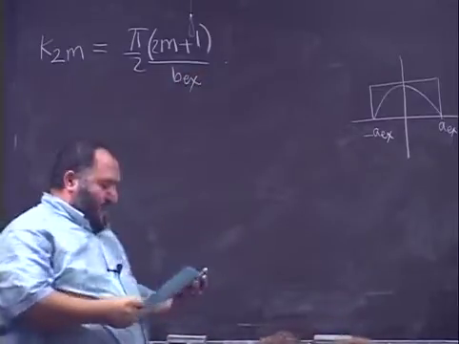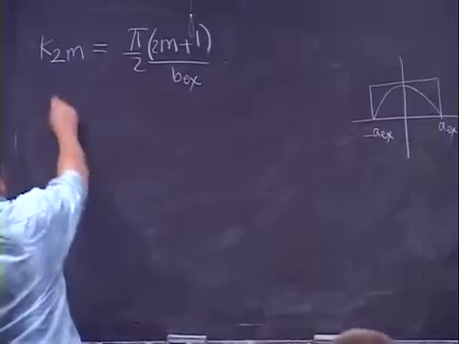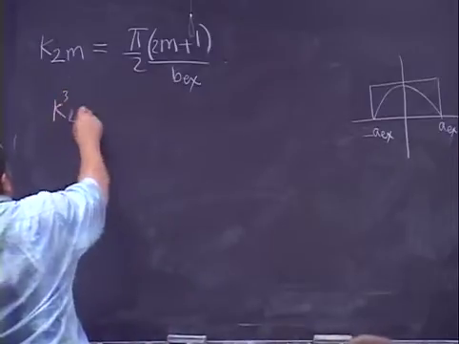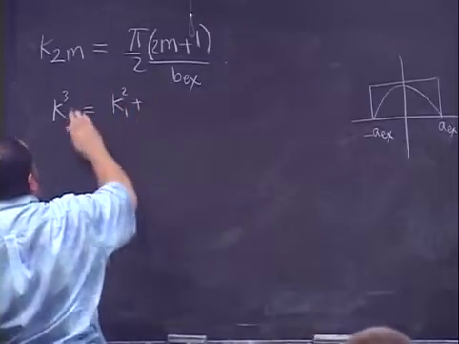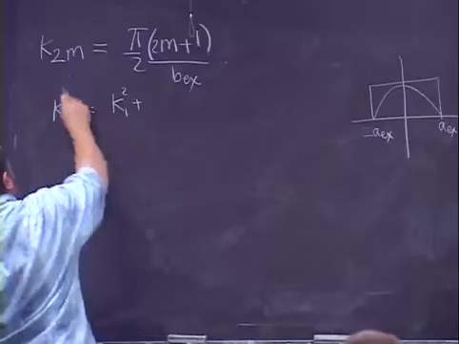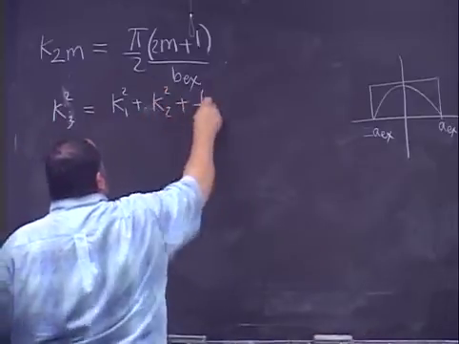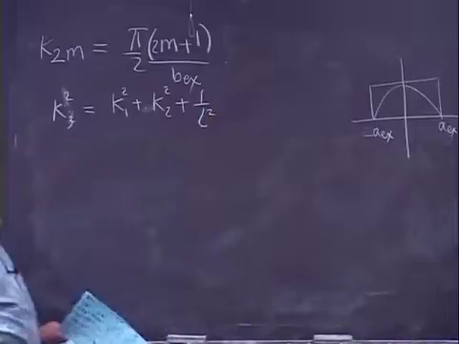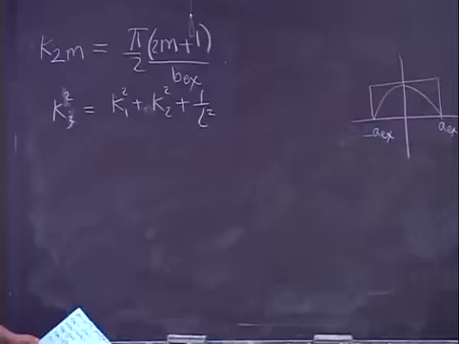So now, how will I get k3? K3 squared equal to what? K1 squared plus what? K2 squared plus what? From the summation of the three terms equal to 1 over L squared. Yes?